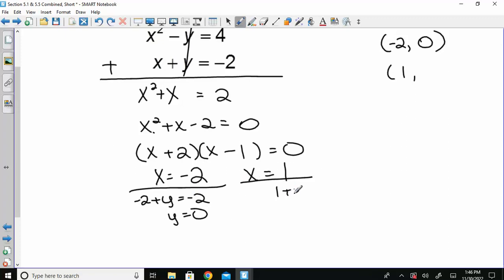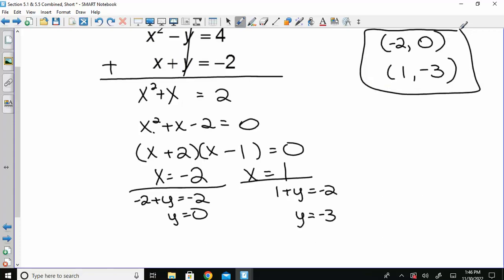If I put in a 1, then 1 plus y equals negative 2. So y is negative 3. So 1, negative 3. And we got 2 points on that line, which would be reasonable. I mean, if you think about a parabola and a line, they could certainly meet twice. If you weren't sure, you can check them. Plug both points into both equations, and it should work out. Is that one okay?